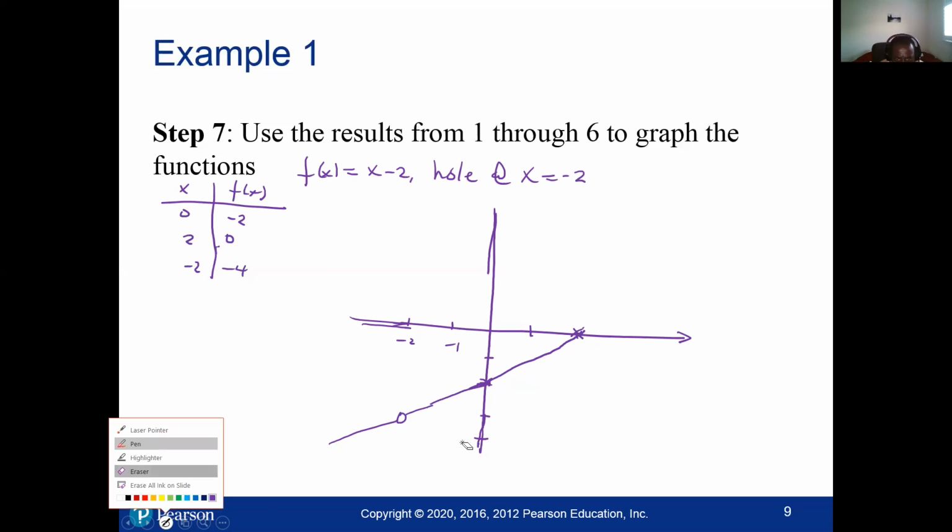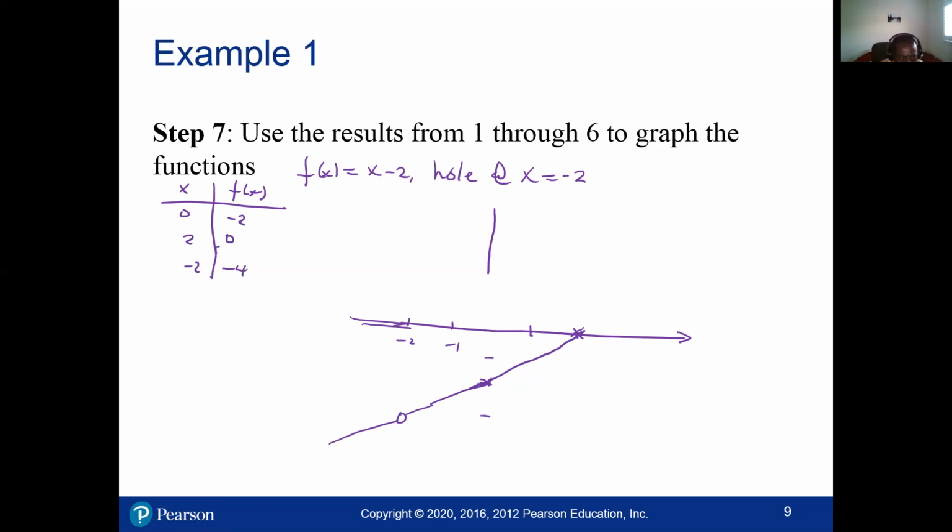Yeah, let's have our line, the vertical axis. Let's call this -4, -3 and 2. So there's a hole. This is my x and y axis, x-axis, and that's the line. This is f of x is equal to x minus 2. There's a hole at x is equal to -2.